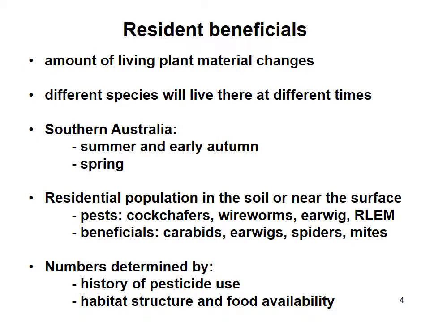But it also includes beneficials such as carabid beetles, predatory earwigs, spiders and predatory mites. And the number of these pests and beneficials are determined by factors such as the history of pesticide use, the current habitat structure and food availability.